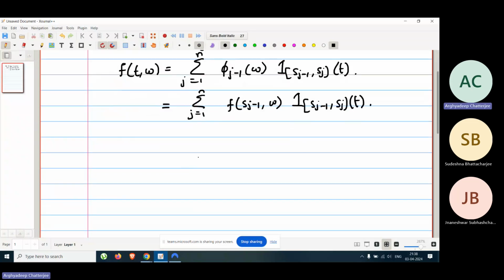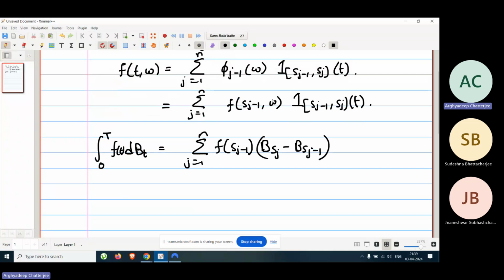And we saw that the integral of f dB_t, from 0 to t, where I will just omit the omega, was written in this form: the summation from j equals 1 to n of f of s j minus 1 times (B of s j minus B of s j minus 1).